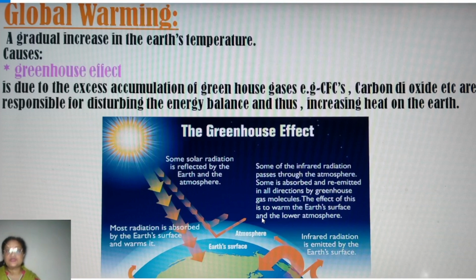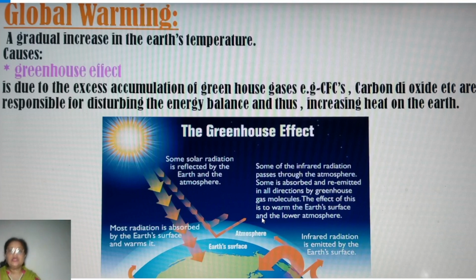Now this heat given back by the earth is, to a great extent, trapped by these greenhouse gases. These gases don't allow the heat to go out of the atmosphere to outer space.